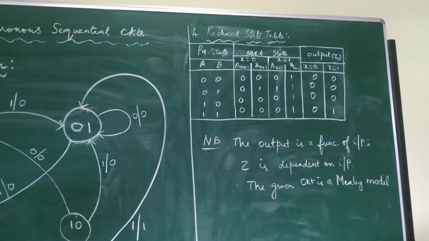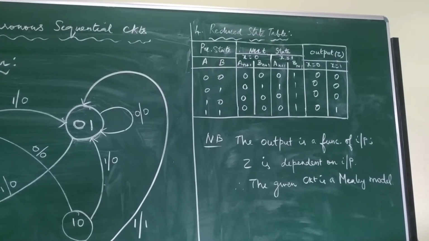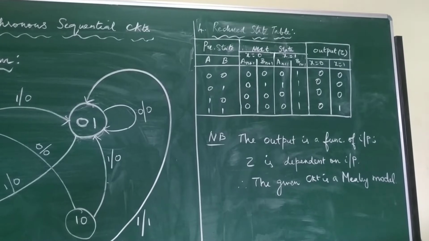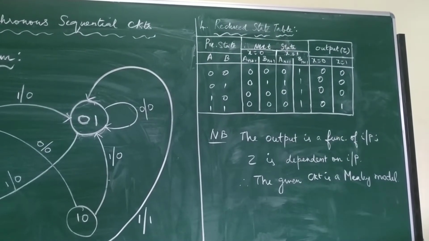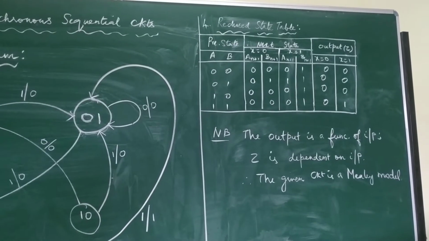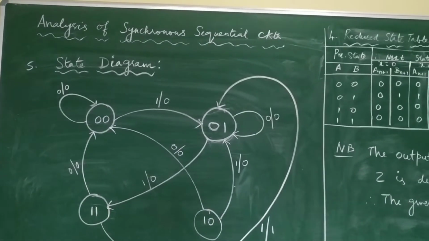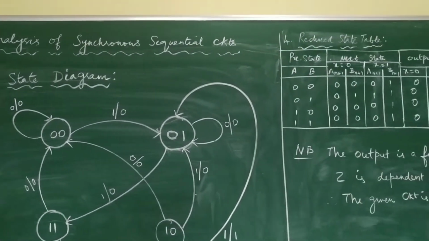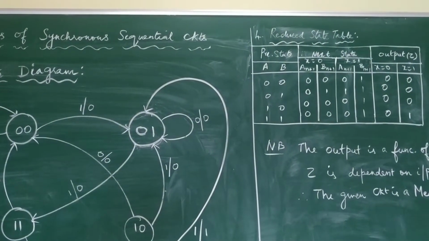So here we see there are four sets of present states, 0, 0, 0, 1, 1, 0, 1, 1. If you consider the first present state 0, 0, for x equal to 0 it again goes to 0, 0. So it is a self loop. Write the present state inside the bubble, 0, 0, and for x equal to 0 it goes again to a n plus 1, b n plus 1.